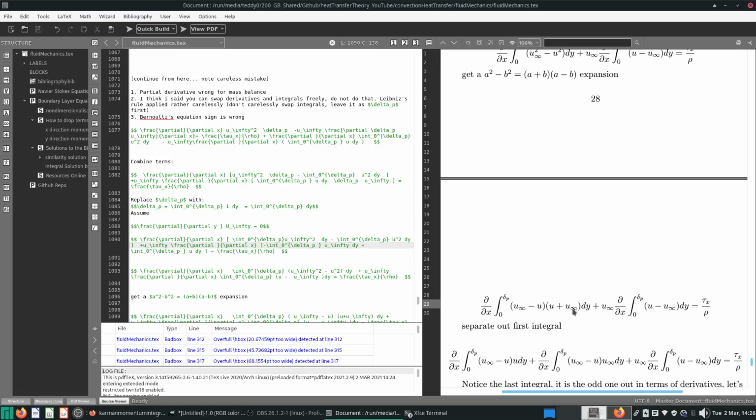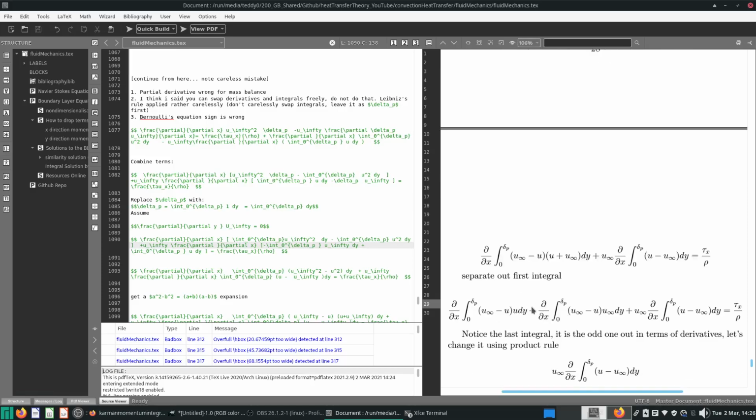Now, one thing we want to do to get our final form of the von Karman equation is to separate out the first integral. This u times u infinity minus u will be one integral, which we will have here. U infinity times u infinity minus u will be the second integral.